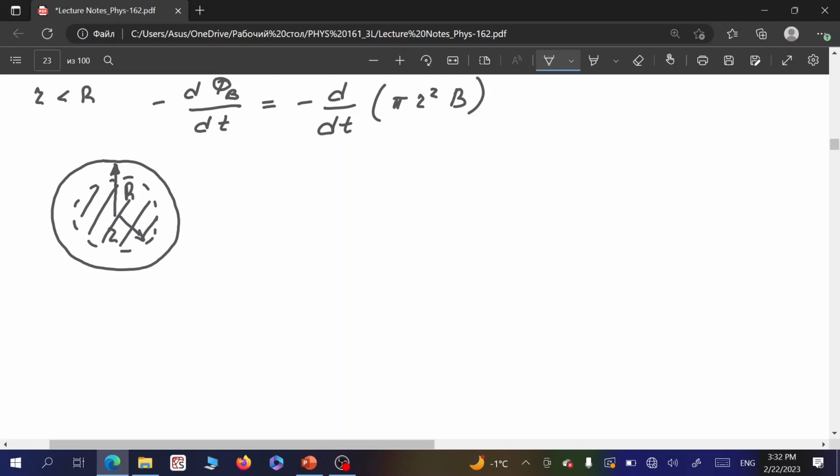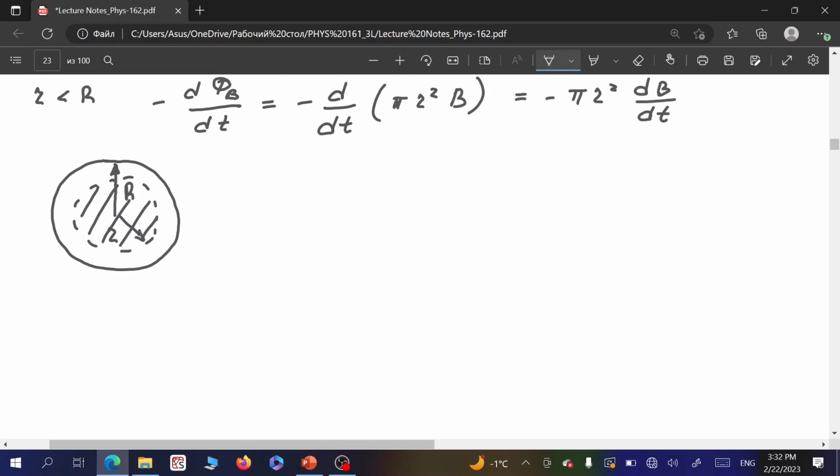It doesn't change from the center to the outer parts of the cross section of solenoid. And this will be equal to minus pi times r squared dB over dt.